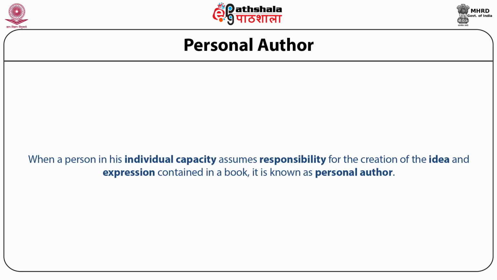As such, when a person writes a book in his personal capacity, he is known as personal author. Personal authorship is further divided in CCC as single personal author and joint personal author. AACR-2R divides personal authorship as single personal author and shared responsibility.